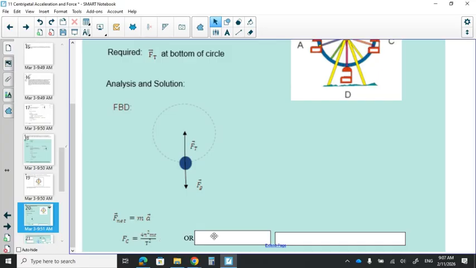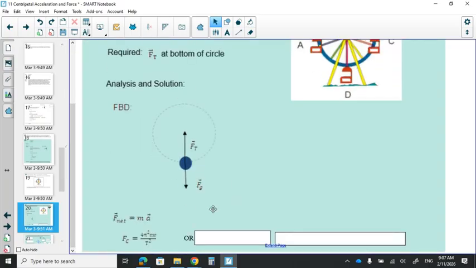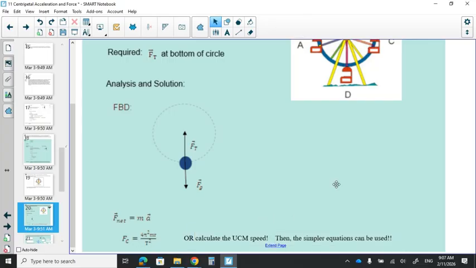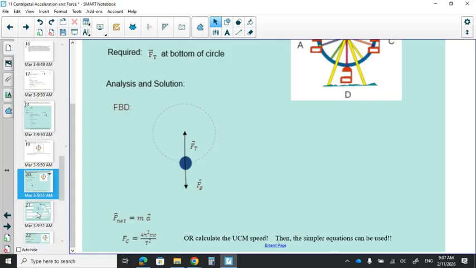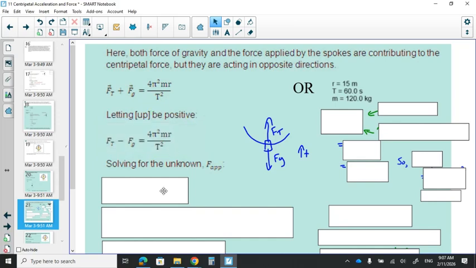Now they looked at the formula based on the period and the radius and so on. Or of course you could calculate the uniform circular motion speed, then the simpler equations that are super easy to remember can be used. If you just fired numbers into this, you'd have your centripetal force equals your forces added up, your tension and your gravity.